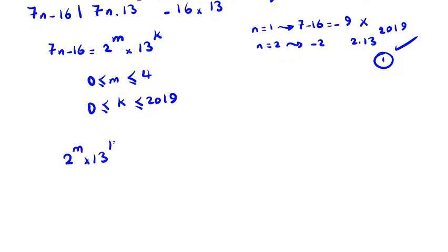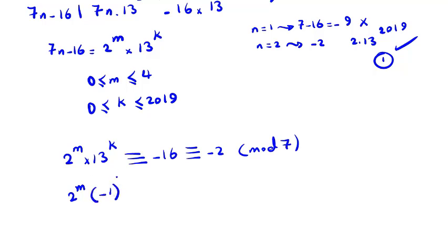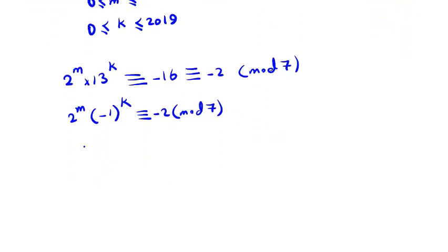So 2 to the power of m times 13 to the power of k mod 7 is negative 16, so mod 7 is negative 2. If we consider this number mod 7, 13 is negative 1 mod 7, so it will be negative 2 mod 7, so we should consider two cases: when k is even and when k is odd.